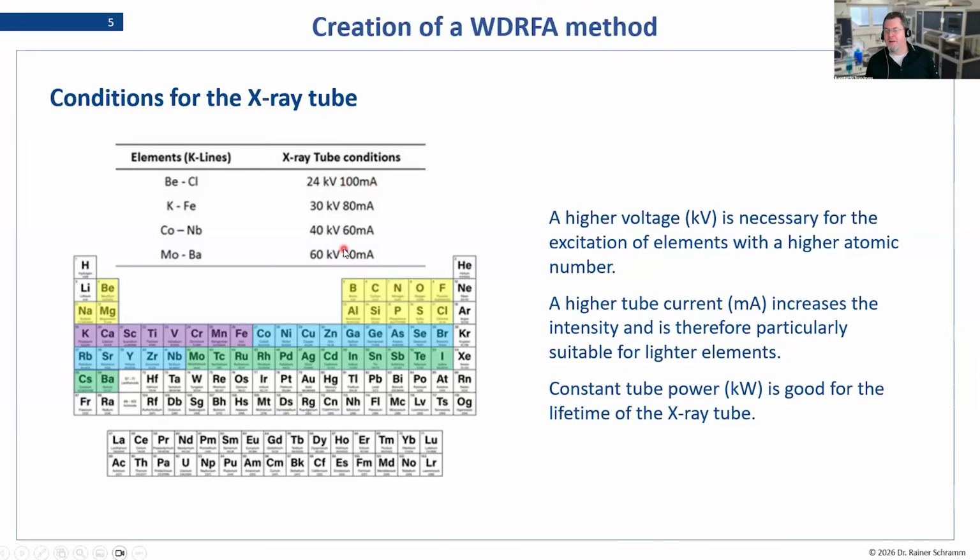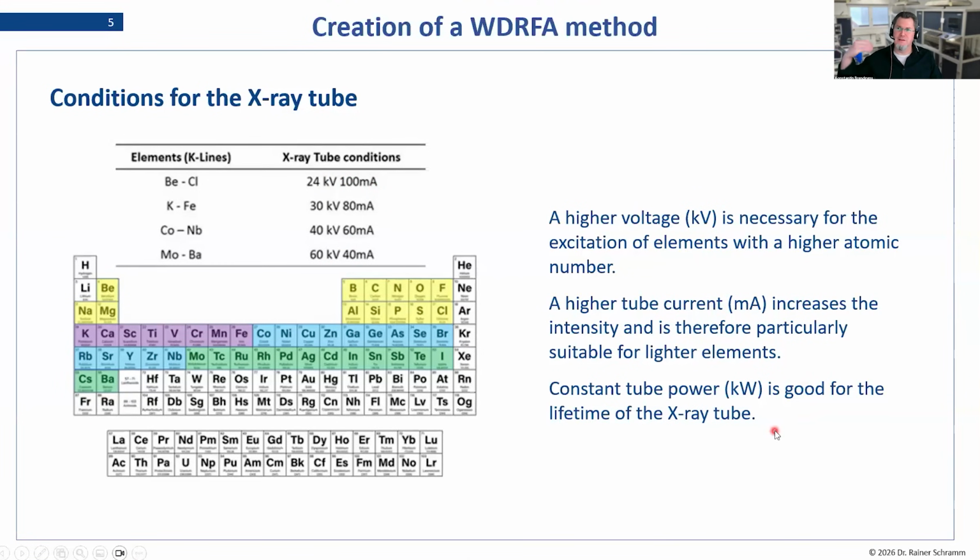One thing that FLUXANA likes to do for a lot of our applications on most of our X-ray spectrometers is to work at a constant power, the power being the product of both. kV multiplied by mA is basically kilowatts. It's the power of the tube setting, and we like to keep that stable along one analytical method because that is less stress for the tube and the generator.